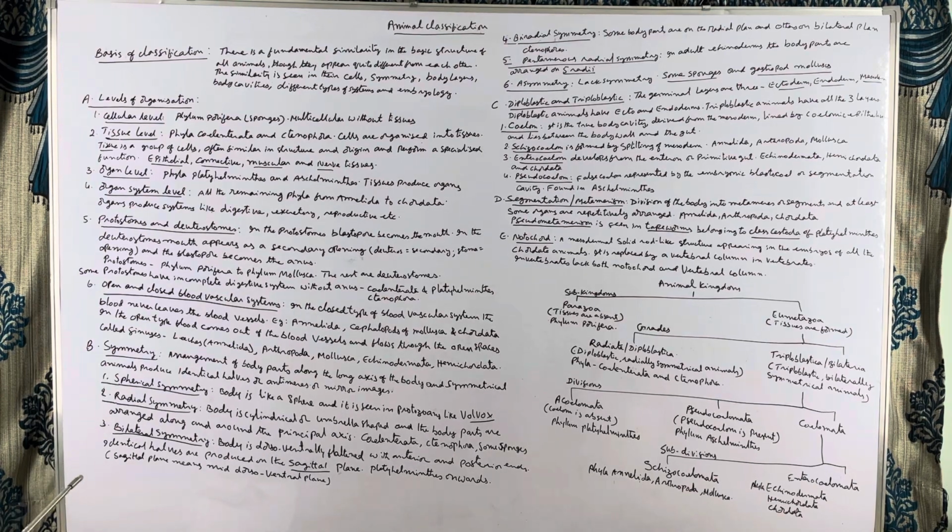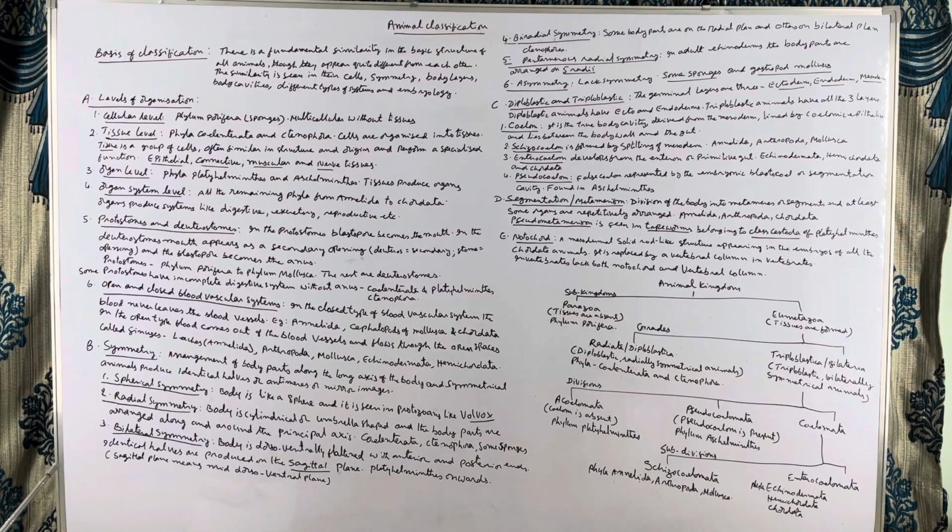All the phyla, beginning with phylum Annelida, belong to organ system level of organization. These are phylum Annelida, phylum Arthropoda, phylum Mollusca, phylum Echinodermata, phylum Hemichordata, and phylum Chordata.